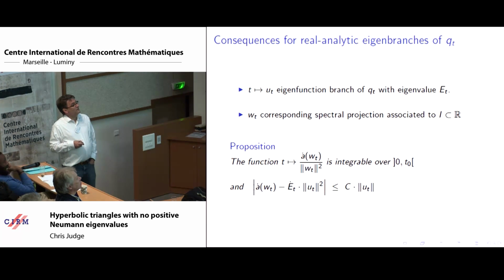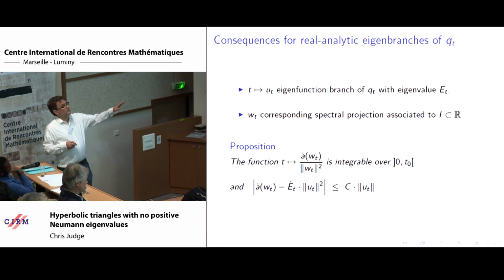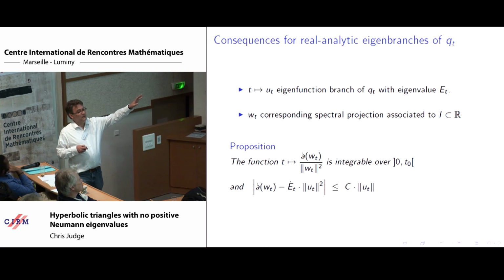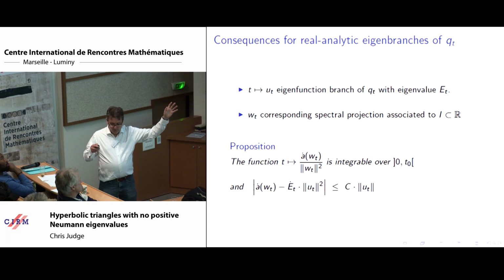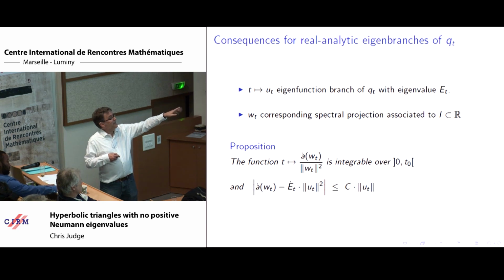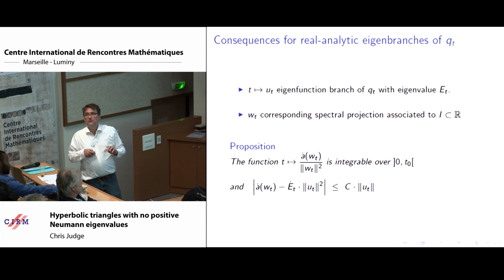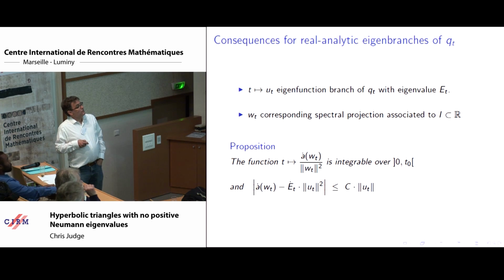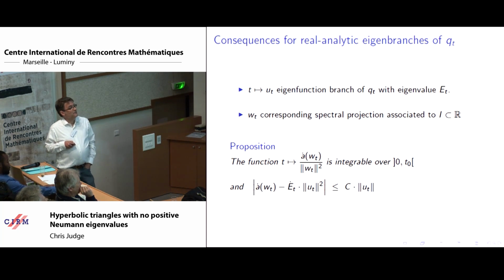So here's the proposition. This is actually something that holds just in the general case of our asymptotic at first order, as long as A dot is positive, or non-negative. So this function ends up being integrable over 0 to t naught.